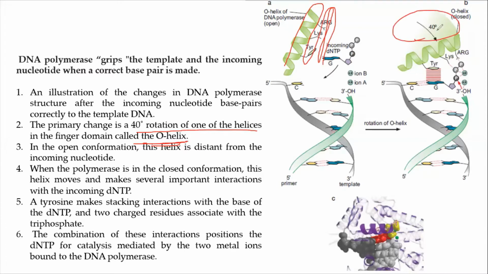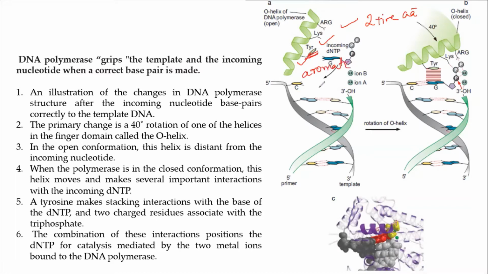Now, what are the interactions which are forming? It is between the tyrosine, lysine and arginine. Okay. Now, यहाँ पे भी important है. Why do we have two positively charged amino acids and one is tyrosine? Tyrosine क्या है आपका? Aromatic amino acid, right?